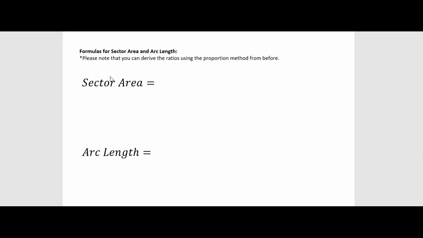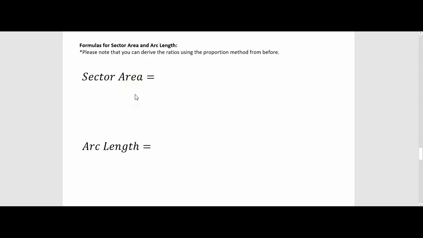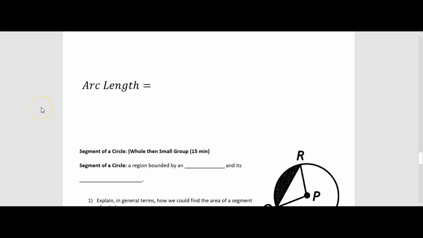All that is rearranging the proportion we came up with. The proportion method, that's how I would think of this though, right? One side of your proportion is the measurements. One side of your proportion is either the areas or the circumferences. We may talk about an actual formula we can memorize in class, but I think intuitively understanding those proportions is going to be the best for us.